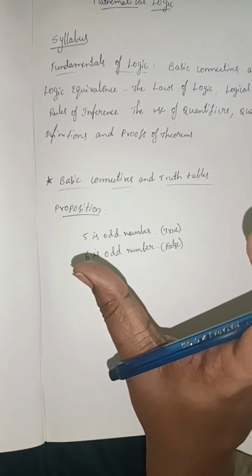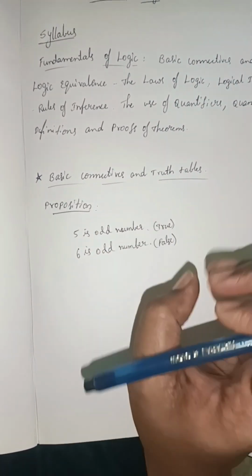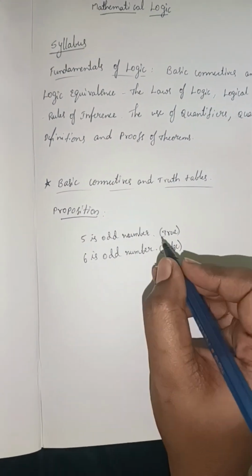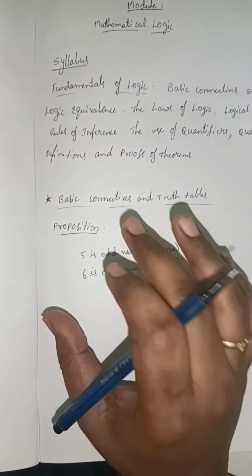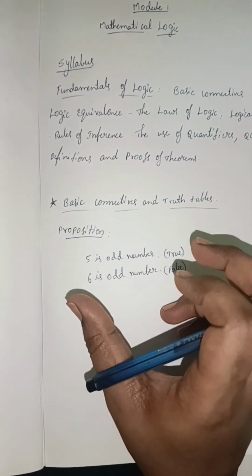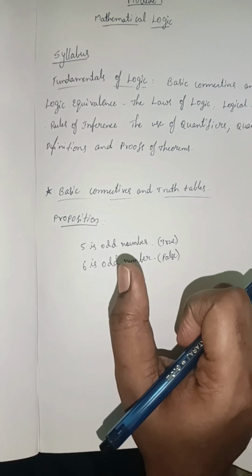It tells either true or false, not both. If it may or may not be, like we can't tell, that sentence is not a proposition.